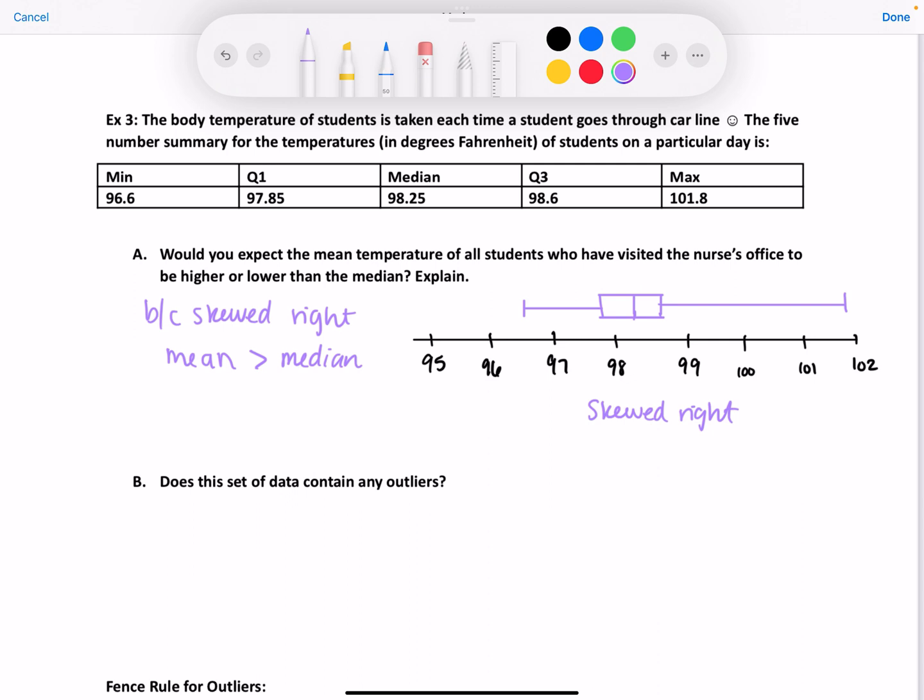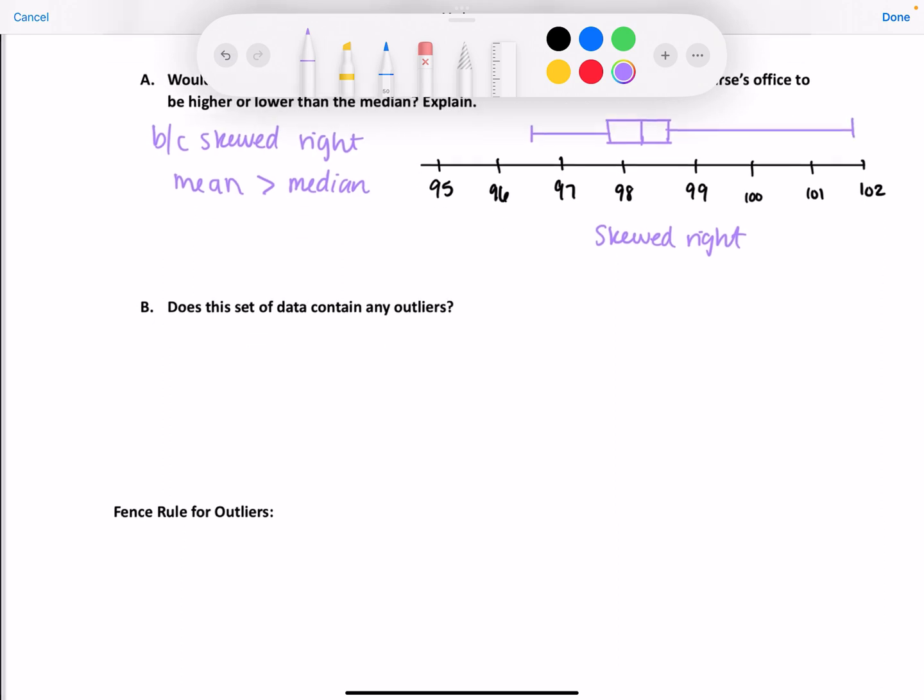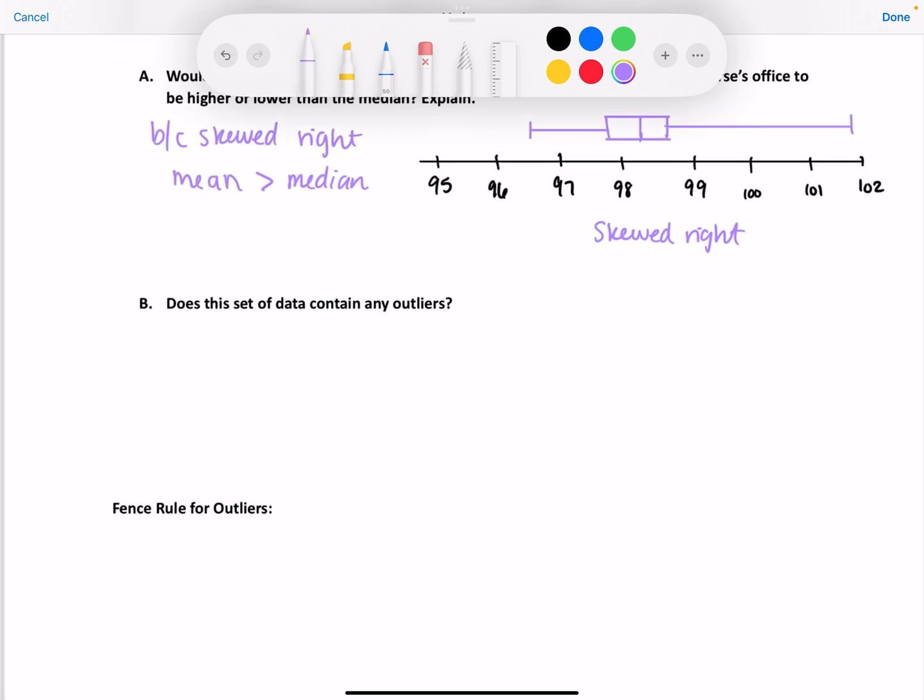All right, now before we answer B, I'm just going to do a quick refresher about the fence rule for outliers, and then we'll actually go back and do B. So the fence rule for outliers says that Q1 minus 1.5 times IQR, remember that's our interquartile range, anything below that is considered an outlier. And on the flip side, Q3 plus 1.5 times IQR, anything greater than that value is considered an outlier on the other end.